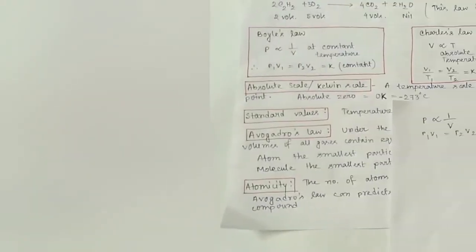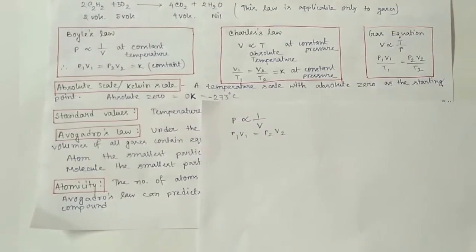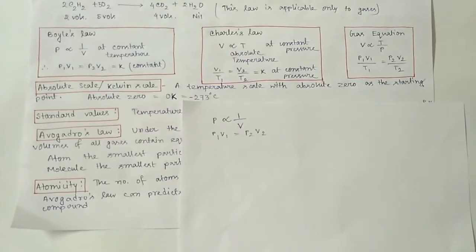Now next, let's move on to Boyle's law, Charles' law, and the gas equation. Boyle's law states that the volume of a given mass of dry gas is inversely proportional to its pressure at constant temperature. It means that if we increase the pressure of the gas, its volume will automatically be reduced, and if we decrease the pressure, its volume will increase. This happens only at constant temperature.